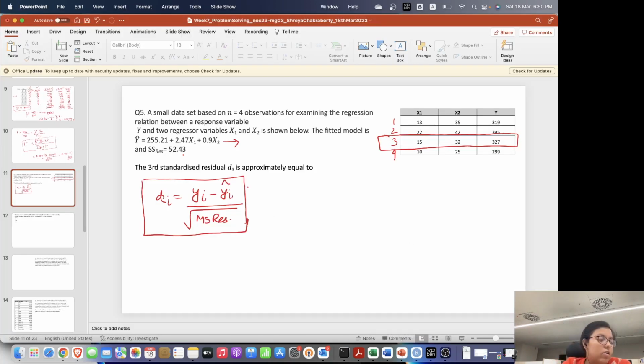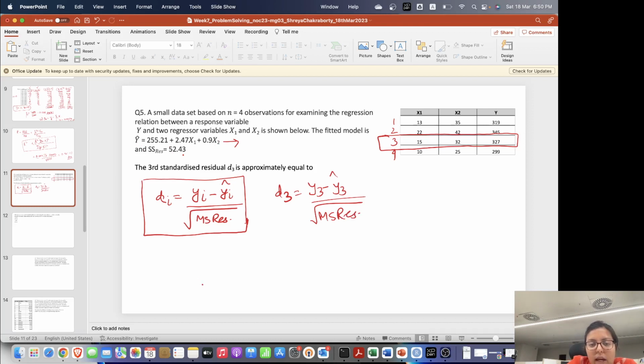Alright. So we'll just start with it. So when we are asked D3, we would need y3 minus y3 predicted by root over ms residuals. Now we have this model.